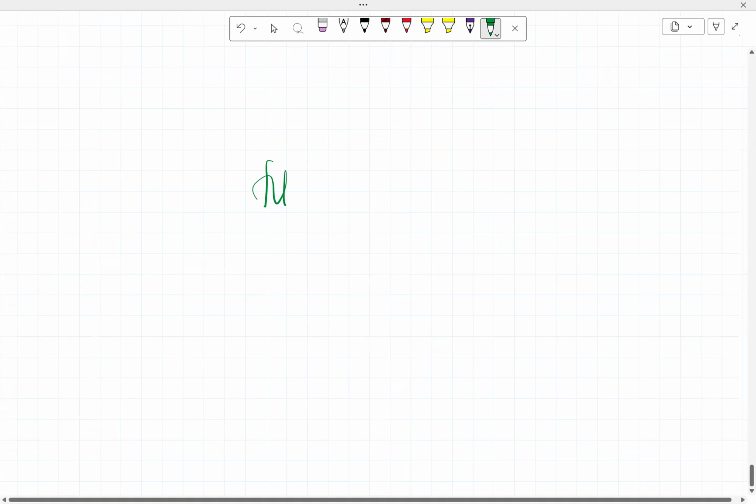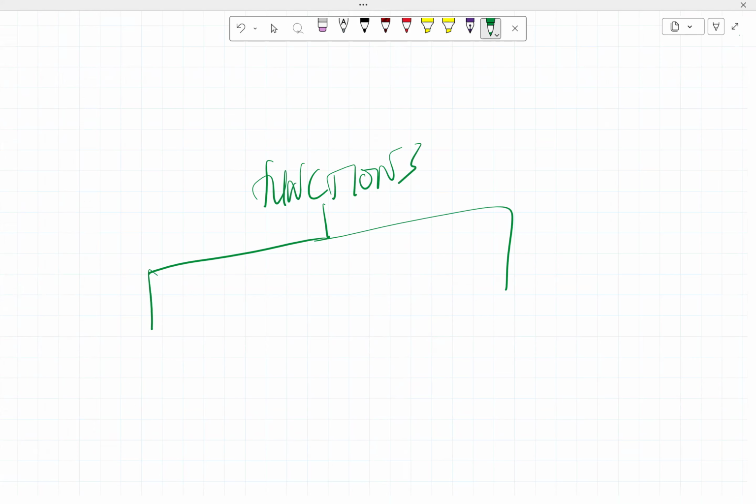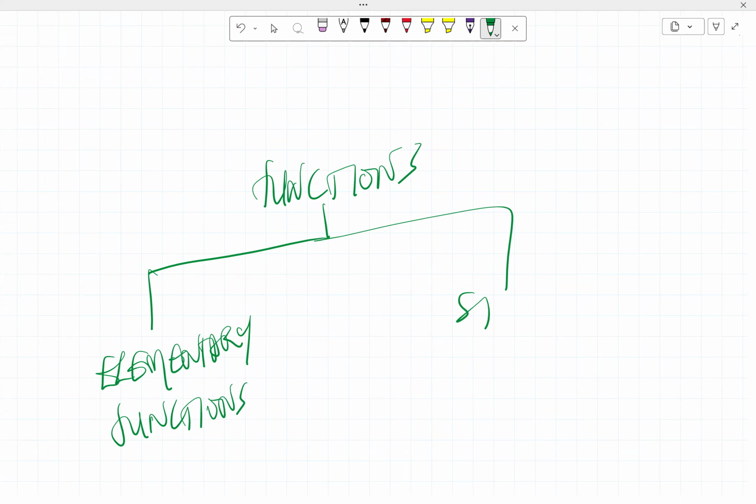If you have functions generally, you can classify them into elementary functions and special functions.